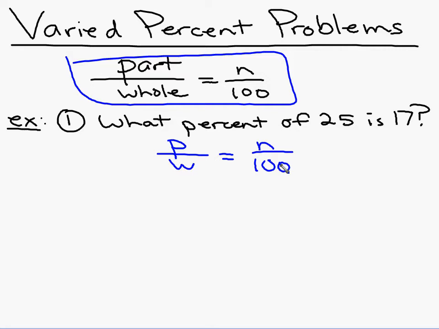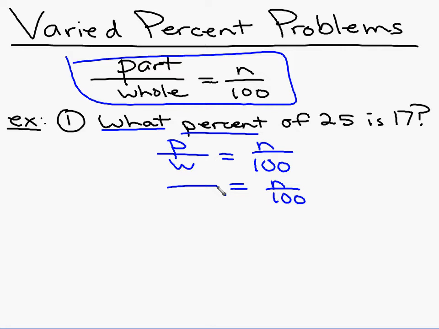So am I given a percent on this one? There's no percent, so that's what we're trying to find. So right off the bat, I've already taken care of this side of the equation. That's going to be n to 100. Because look what it's asking for. It's asking what percent. So since it's asking for what percent, n has to be the variable that I'm solving for.